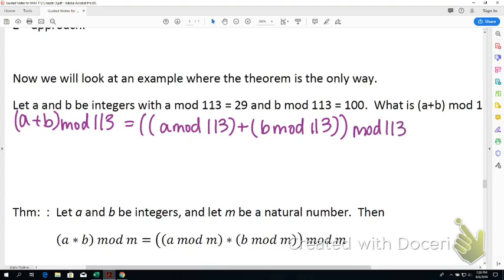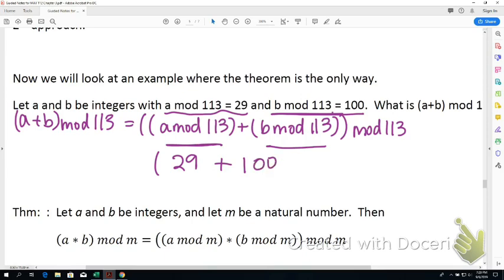And you might think, what should I do? Well, don't I know this value? It's stated to me right up here. What about this value? Oh look, it's stated here. So a mod 113 will be replaced with 29, plus 100 for the second piece, mod 113.